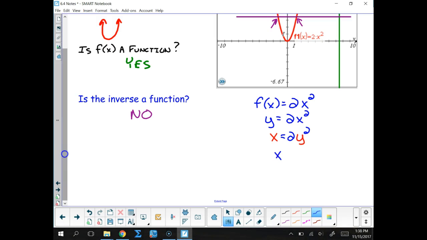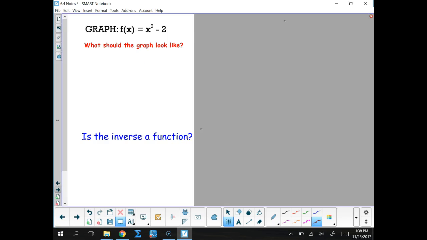Divide by 2. Take the square root. Right? That one's not a function. What about that one?